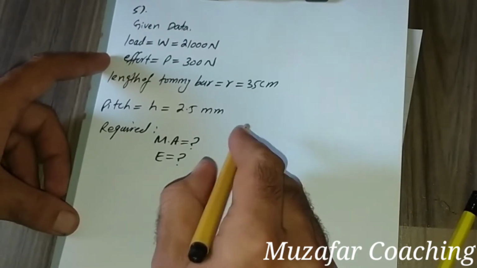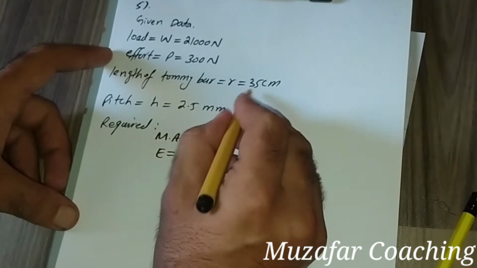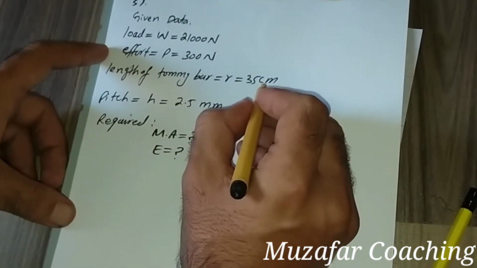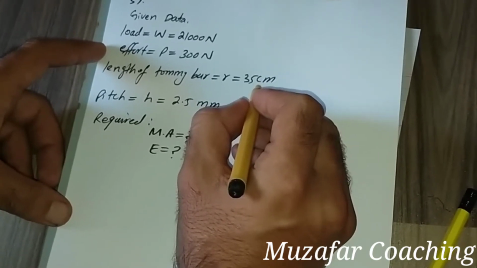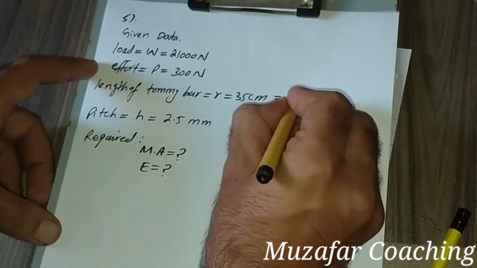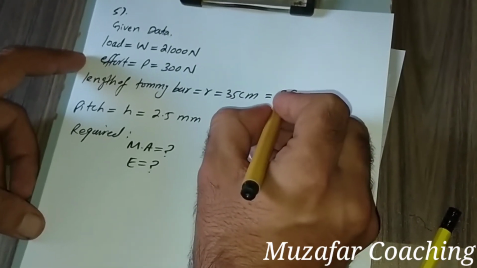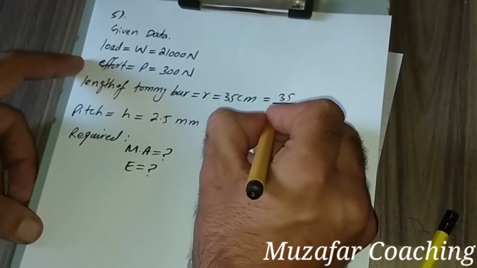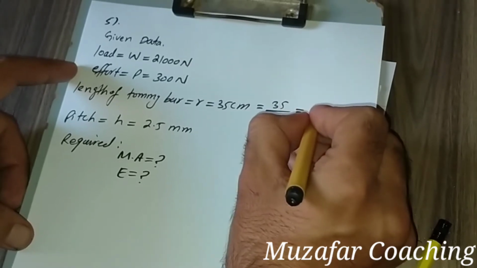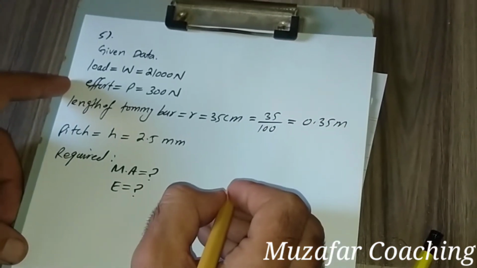What is the unit of length in SI? That is meter. So we will be converting this into meter. Since it is in centimeter, we know that in 1 meter there are 100 centimeters, so we will be dividing by 100. What we got is 0.35 meter.